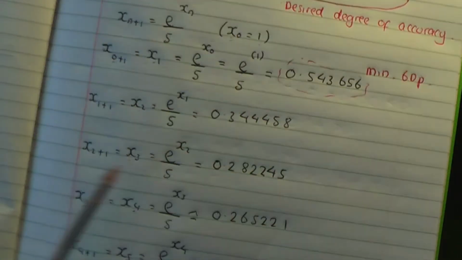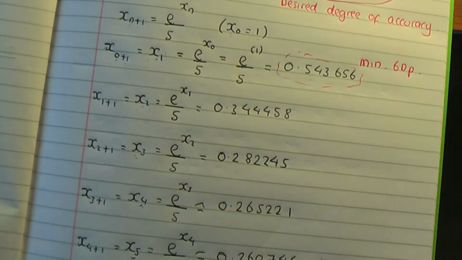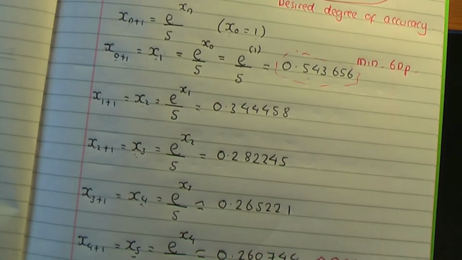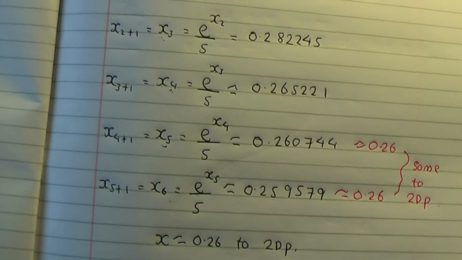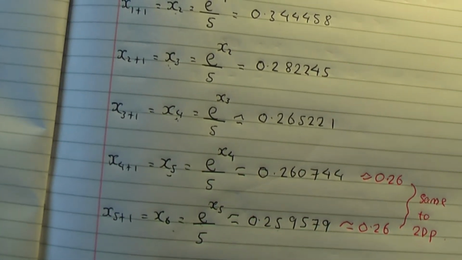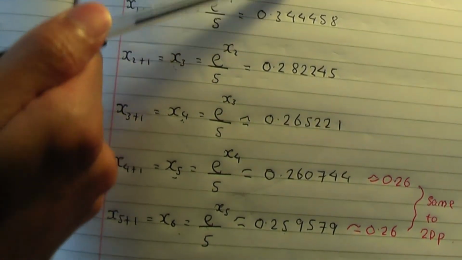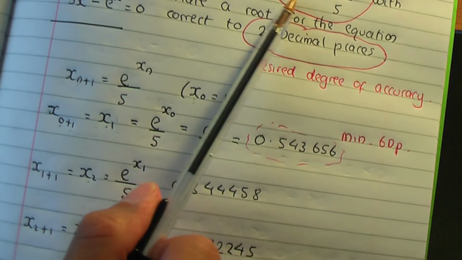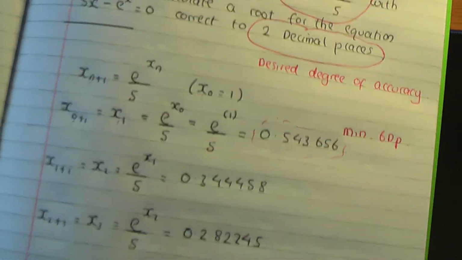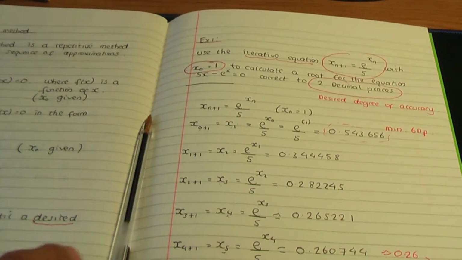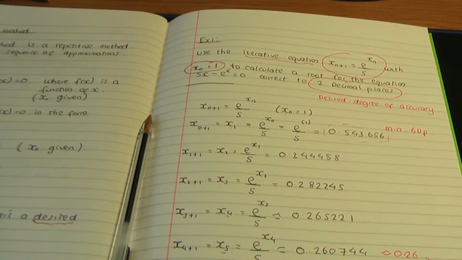And let's have a clearer idea of what's happening when it comes to these calculations. So let's get a clear idea in terms of these values and how they relate to the sketch of y equals x and y equals e to the x divided by 5. So I think a screenshot is in order.